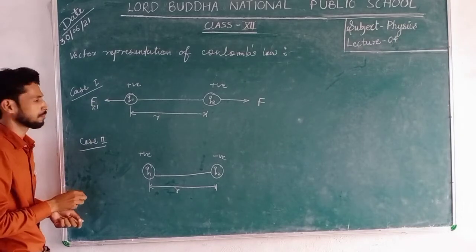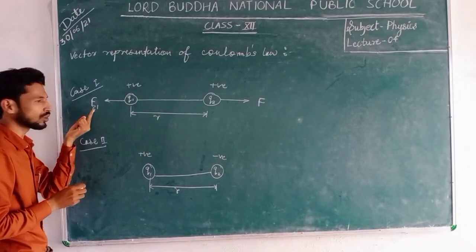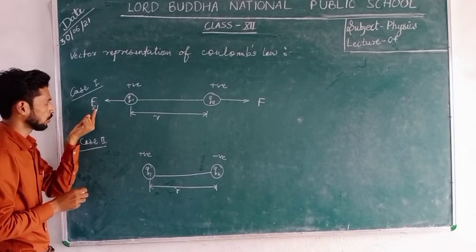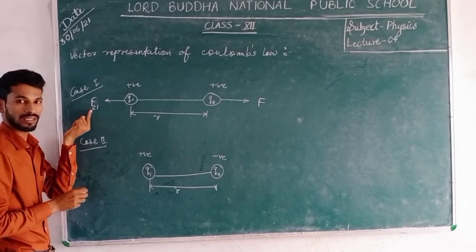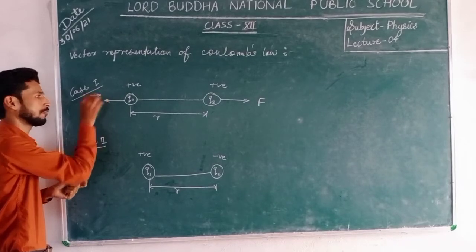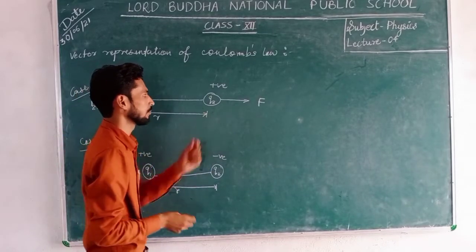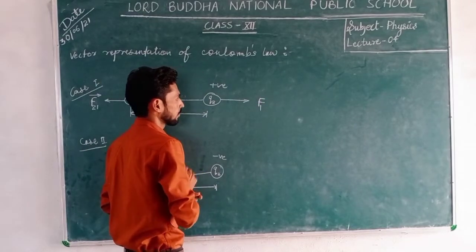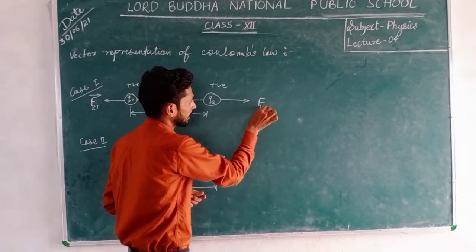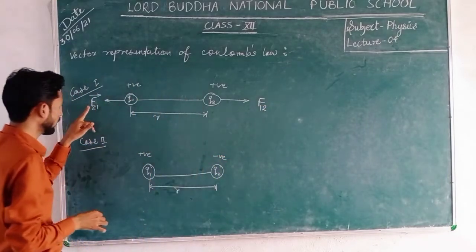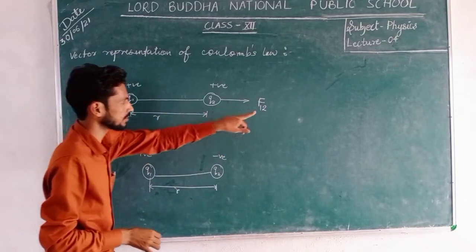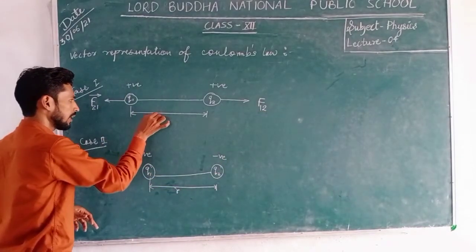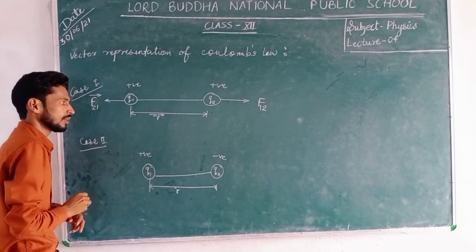So F12 means the force on charge 1 due to charge 2, that is the vector form. And similarly this one is due to charge 1 and acts on charge 2. If this is F21, then the other will be F12. Clear?